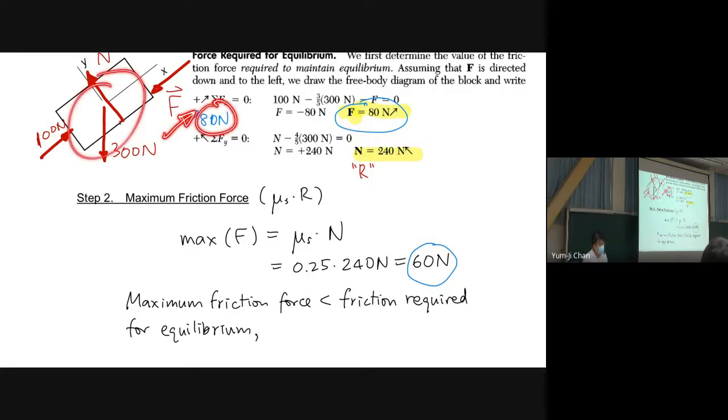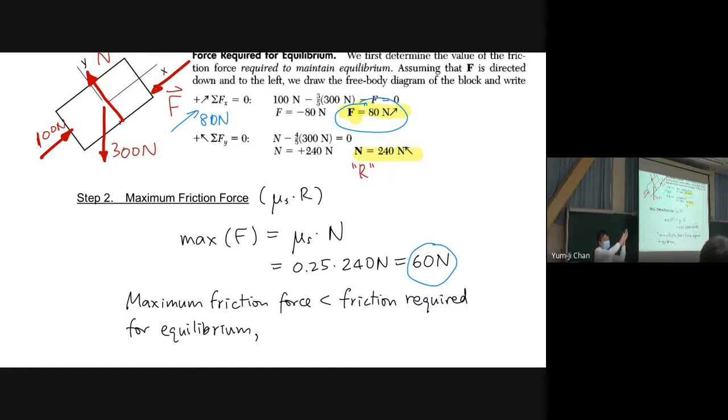But in physics, the maximum force going up is 60 Newton. So we don't have enough upward force. So actually, the block will slide downwards because we don't have enough upward force.